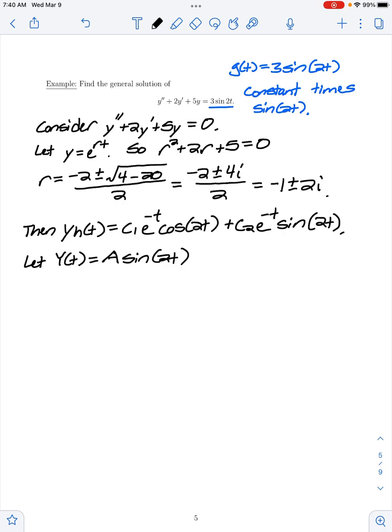And let's see what happens. It turns out that this form will not work, but let's see why. If we look at our first derivative, y prime of t, we would have 2a cosine of 2t, and our second derivative, y double prime, would be -4a sine of 2t.